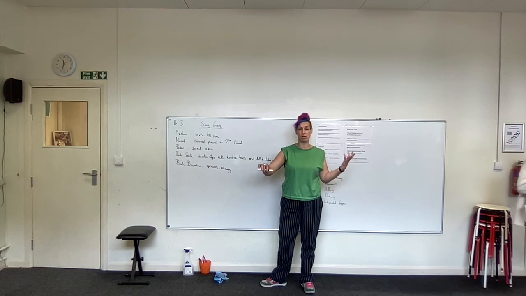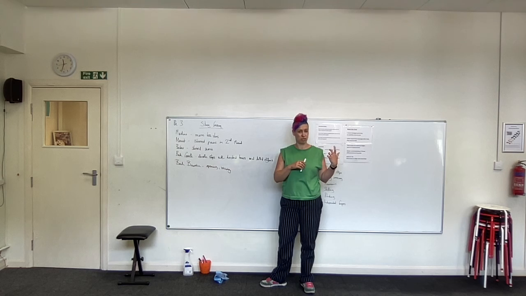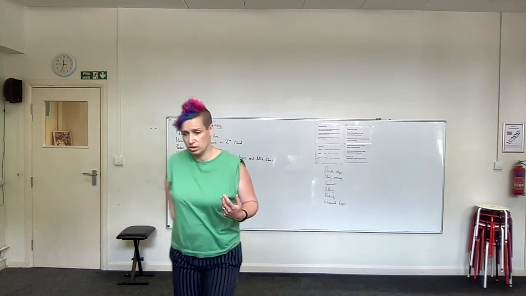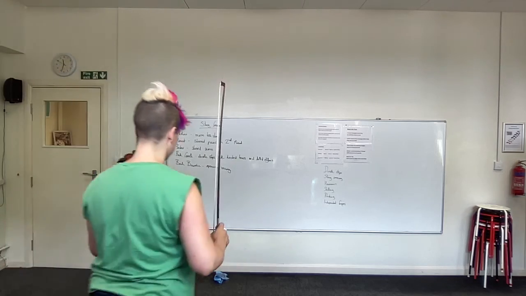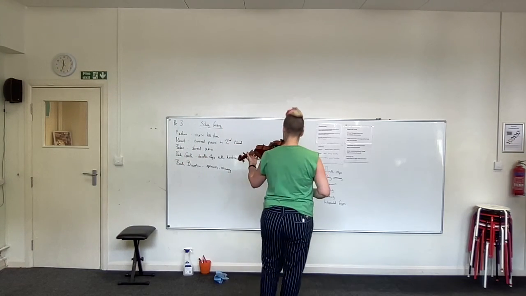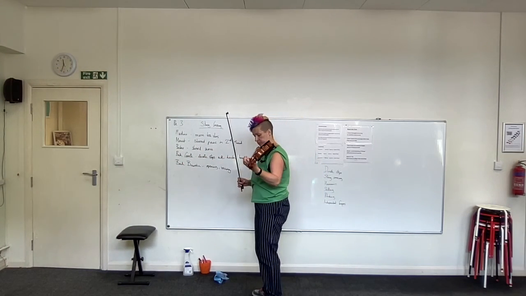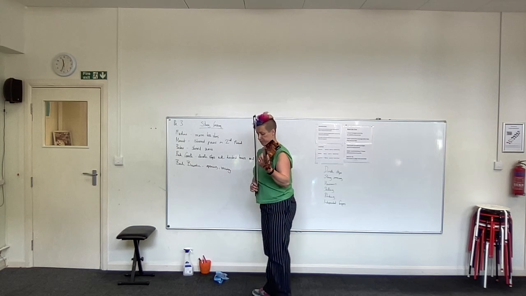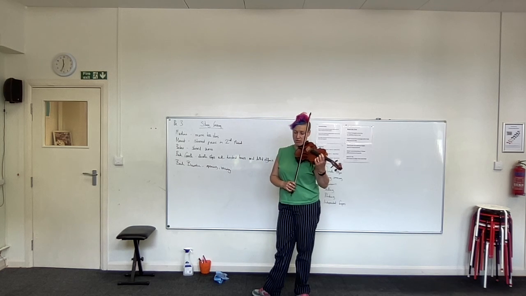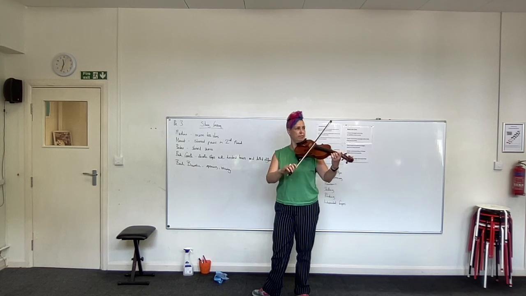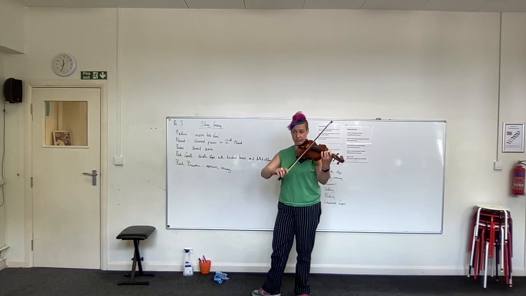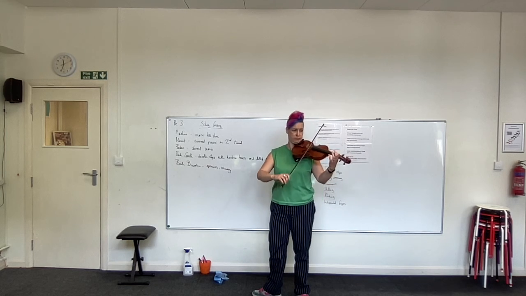We've got an up bow slur from A to E with an extension. That's hard. And the other bit that is really, really tricky is here.